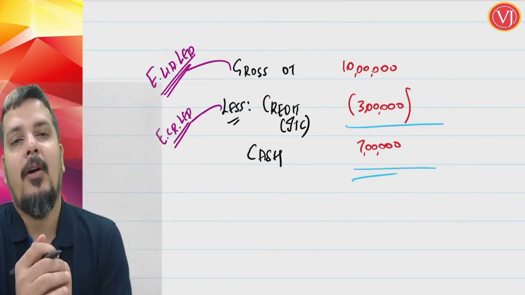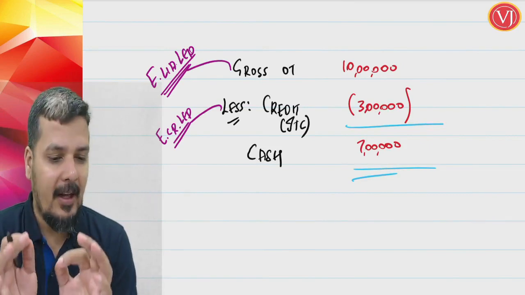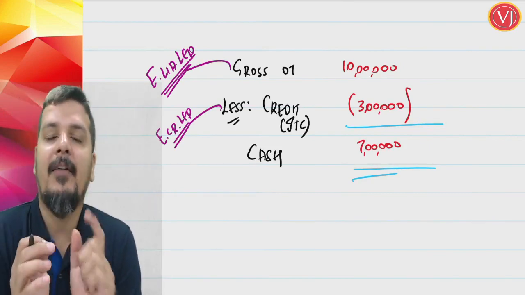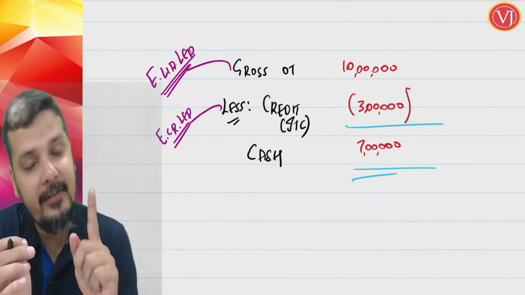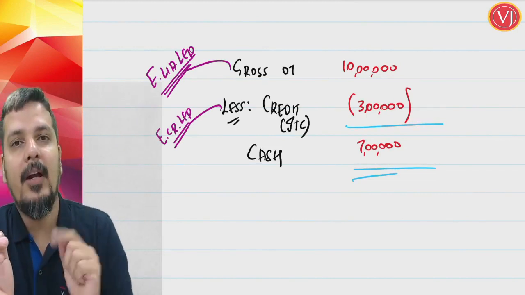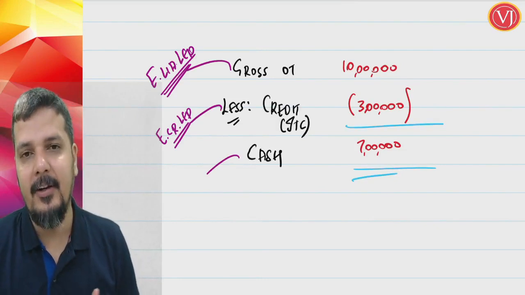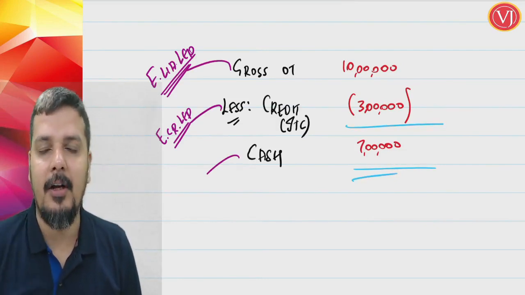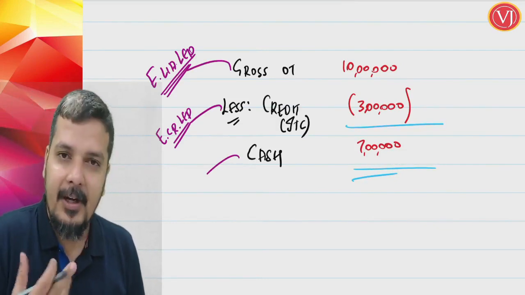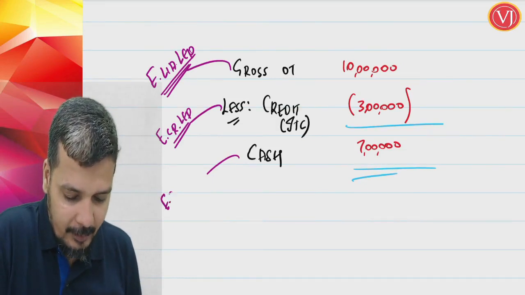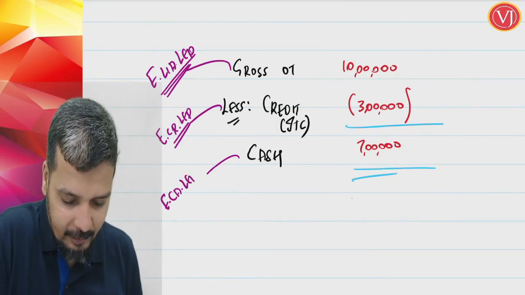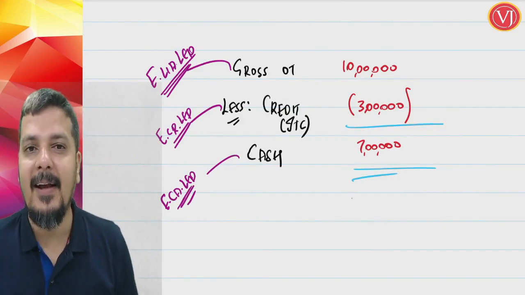Whenever you have some gross output tax liability, you will make sure that first you're discharging your liability with the available input tax credit or your credit balance, and your input tax credit will go and hit your electronic credit ledger. And if there is a balance that you have to pay, even after setting off your input tax credit, that you will pay by your cash, that is you will be using your electronic cash ledger.